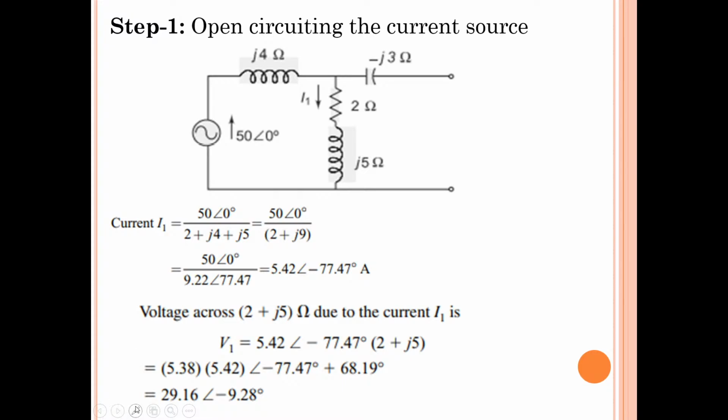The current source is open circuited, and this is the leftover circuit. Since the current source is open circuited, current will not flow through this capacitor. Why? Because this terminal is open, so current will not flow.